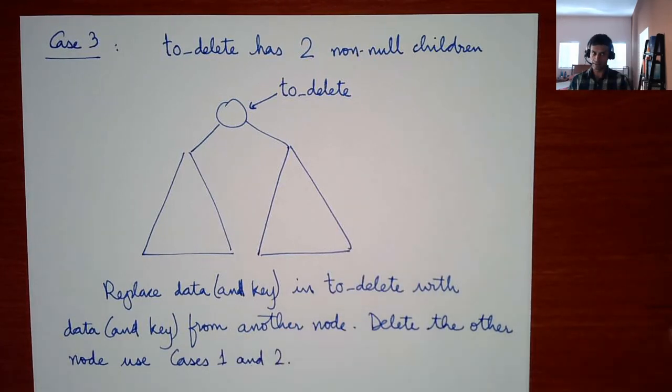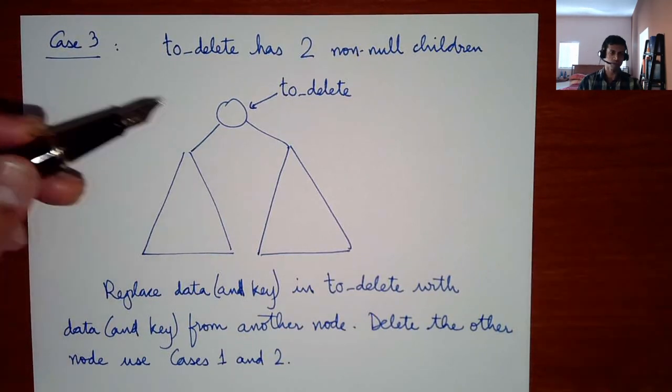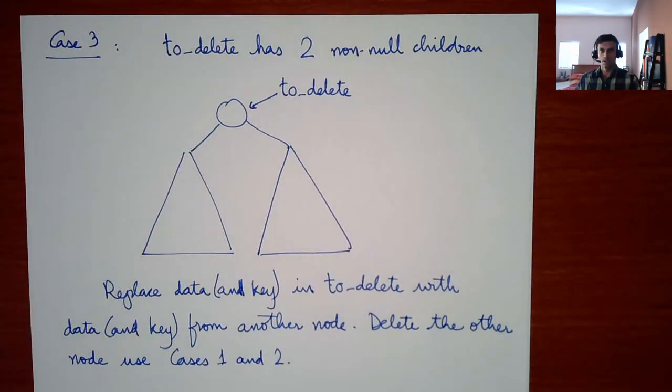Okay, so this is kind of clever. Instead of actually trying to delete that node, which could affect the tree structure, you try to find some other node that is easy to delete using cases 1 and 2, and you swap the data. Okay?